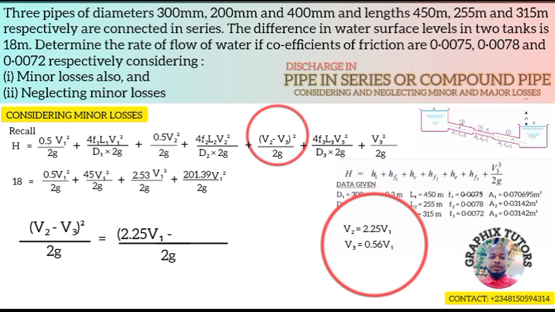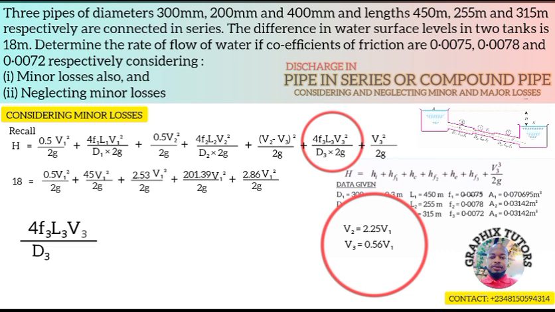When you subtract them, you're going to have 1.69 v1. And when you open the bracket, you'll have 1.69 square and v1 square, your indices. And 1.69 square is going to give us 2.86. Then we have v1 square all over 2g. You add it to the rest there.